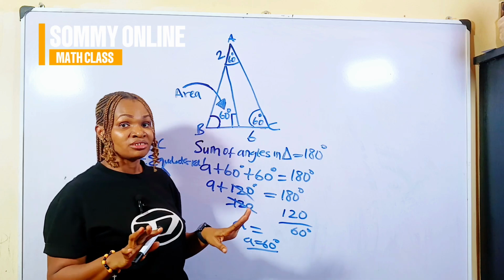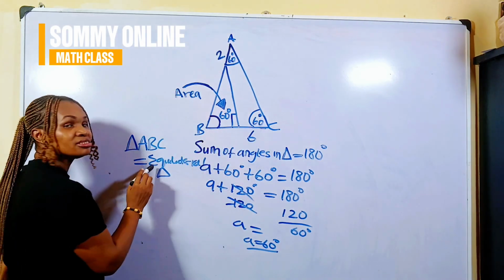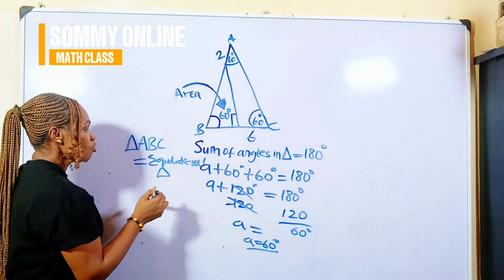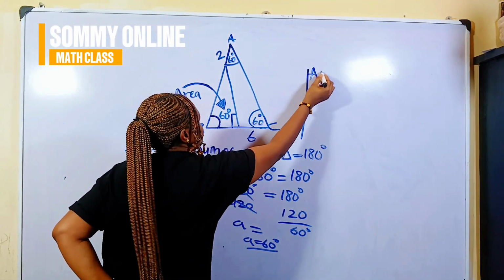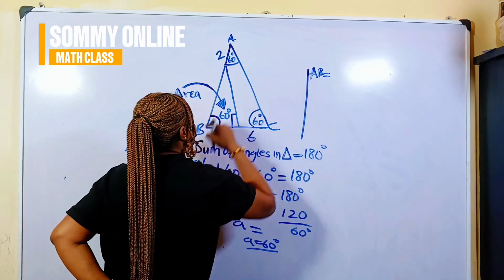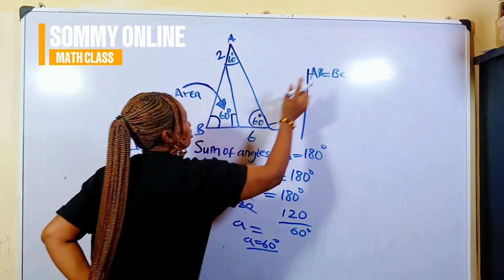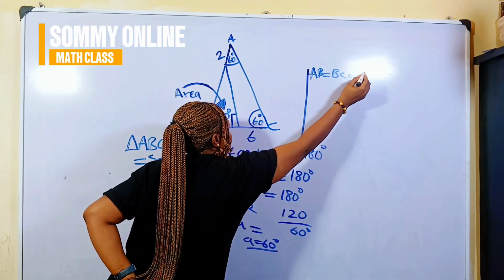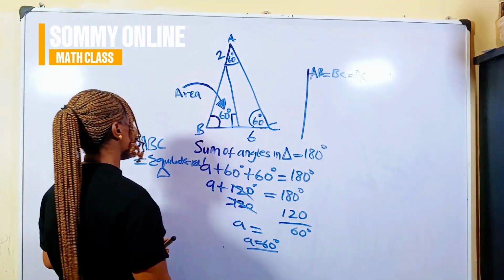Therefore, triangle ABC is an equilateral triangle, meaning that AB equals BC and equals AC. That's what an equilateral triangle is all about.